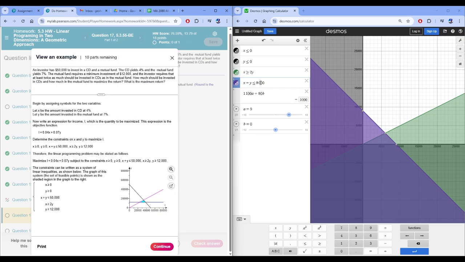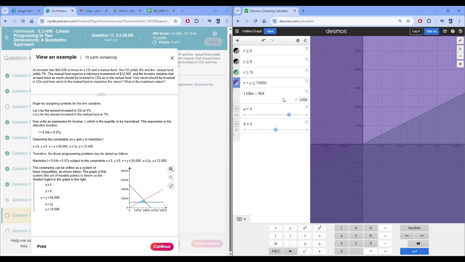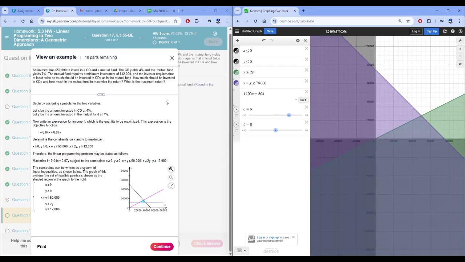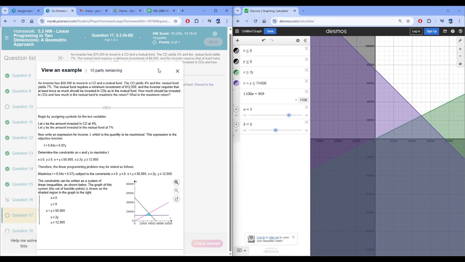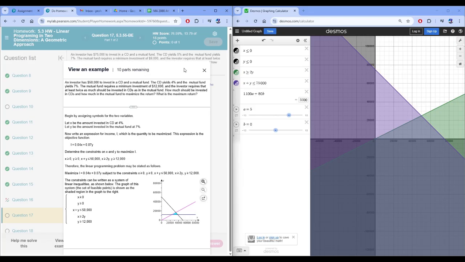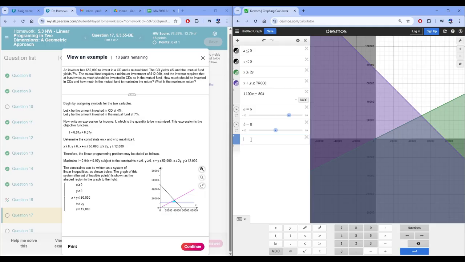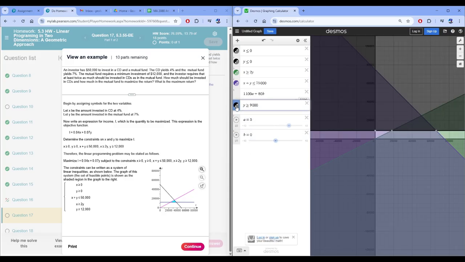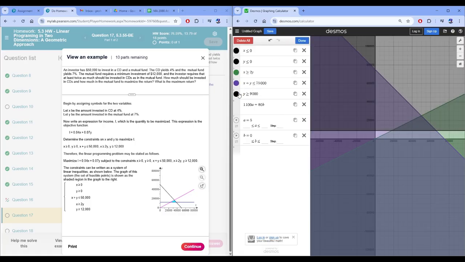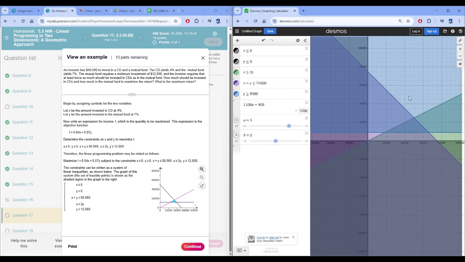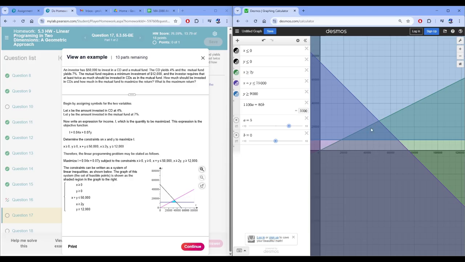That's the money that we have to invest. And then the mutual fund requires a minimum investment of 9,000, so Y is greater than or equal to 9,000. I'm going to change that color to blue. Done. So I think the region we're talking about is this region right here.